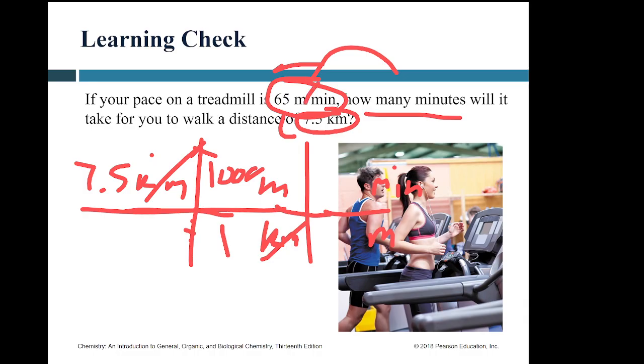Anytime you see a divide by, what's on the bottom? 1. Everything's divided by 1 if it's not stated, right? And so on the top, before there was a 65 meters. That 65 and that meters have to move together, right? Because a number and unit are a unit, a totality.